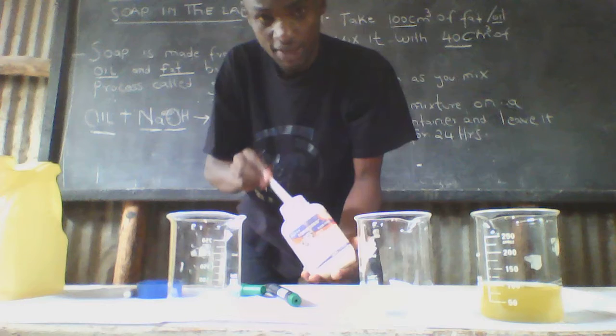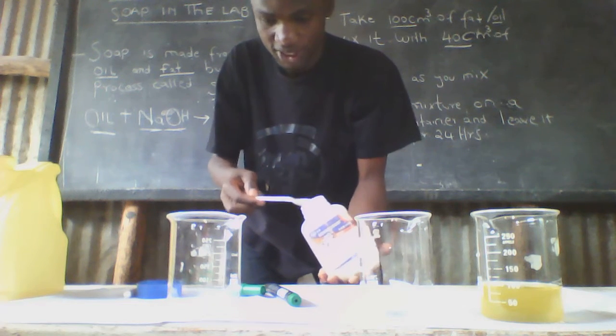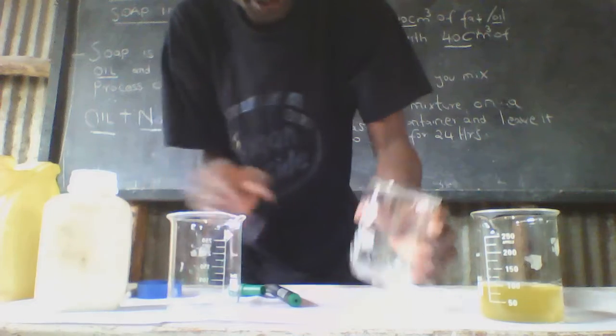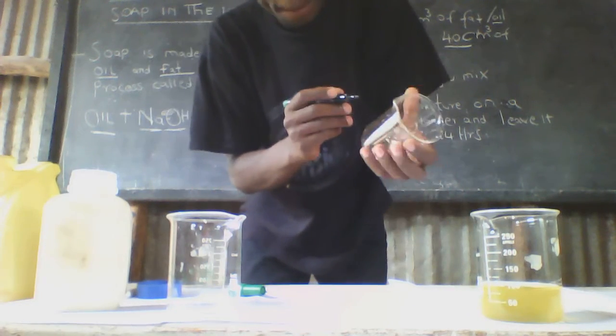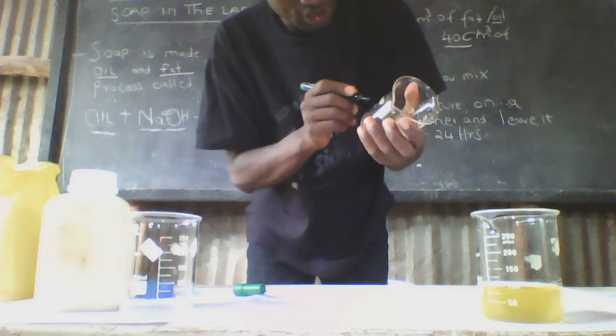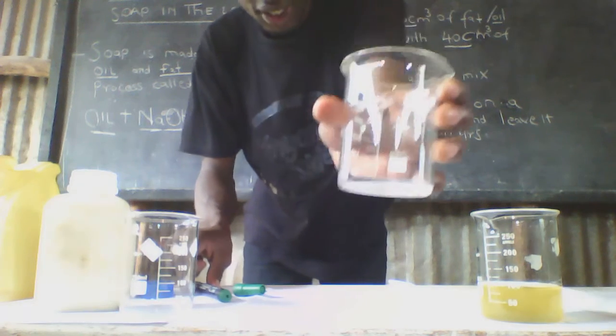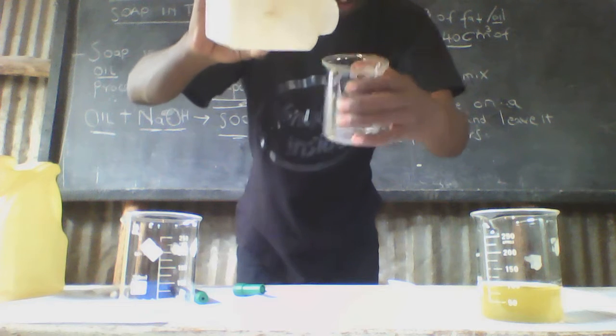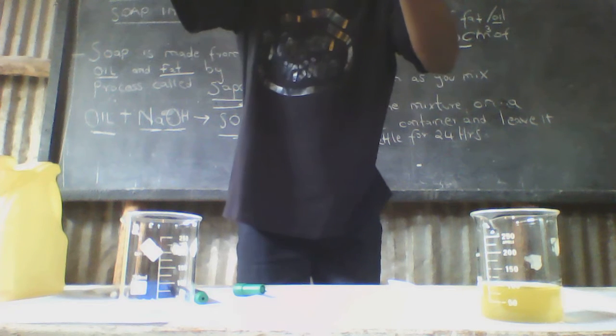We shall measure 40 cubic centimeters of this one. I have already named this beaker, so we shall use it for sodium hydroxide. We pour 40 cubic centimeters of this one.